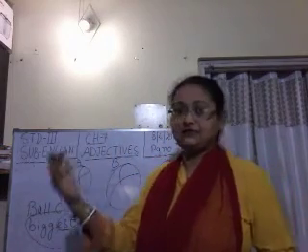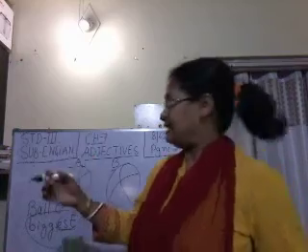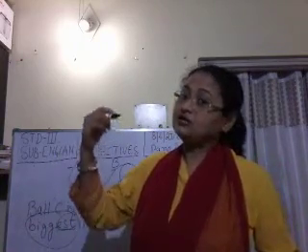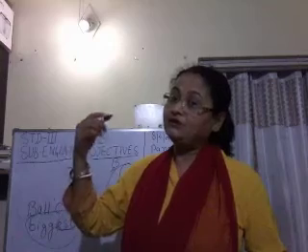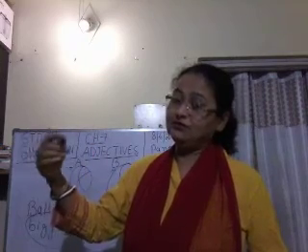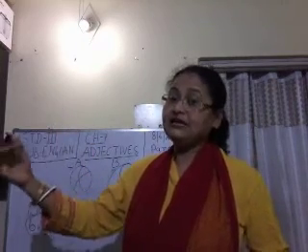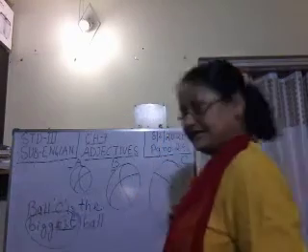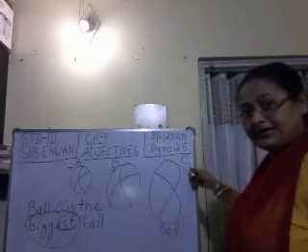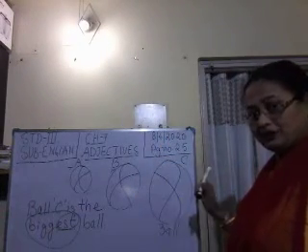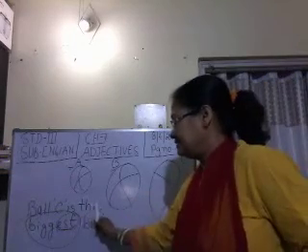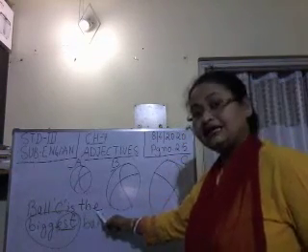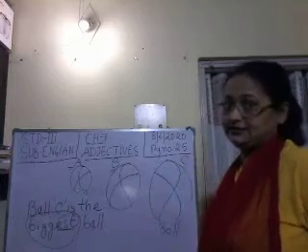Positive is the root word. When we make comparative we add ER. When we make it superlative, when we compare 3 or more than 3 things, we add EST. So I will say that ball C is the biggest ball. Ball C is the biggest ball, and before superlative degree we always write the, T-H-E, the.